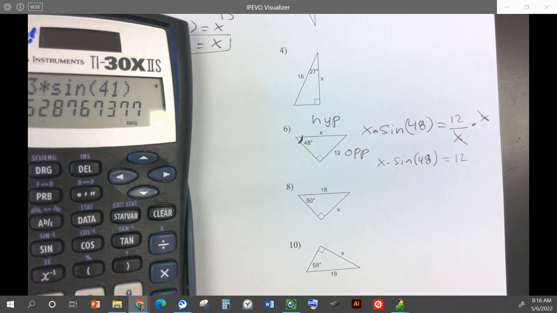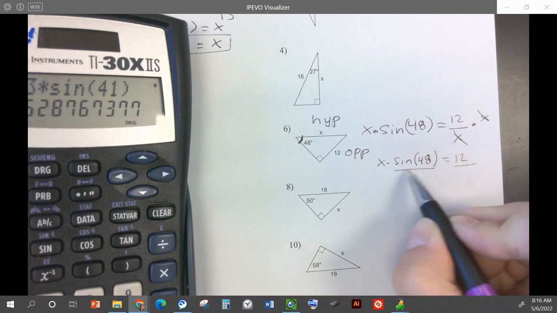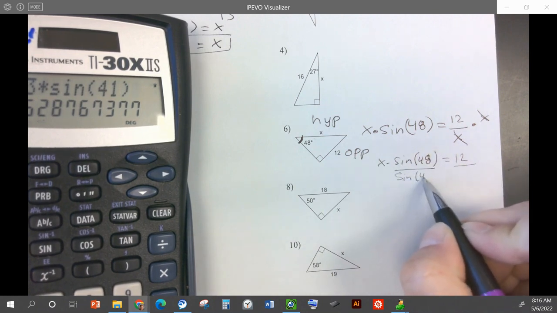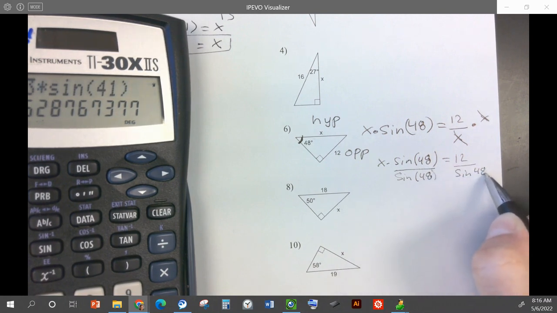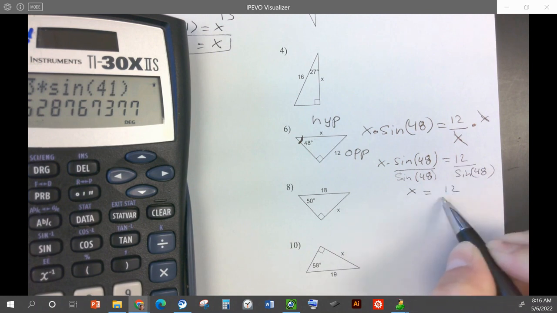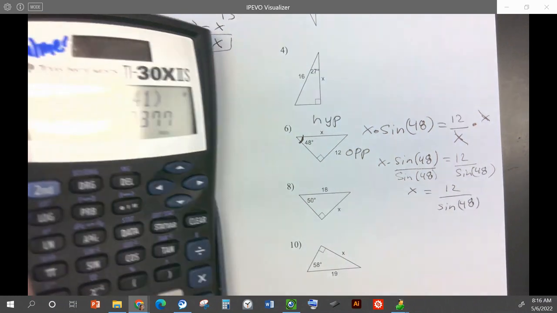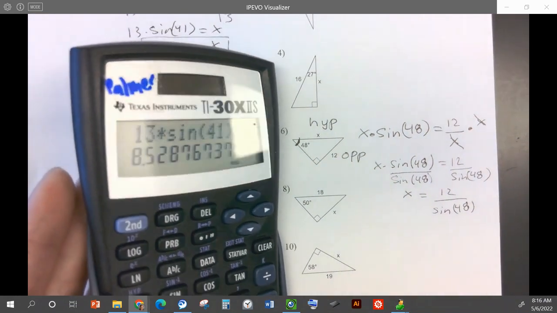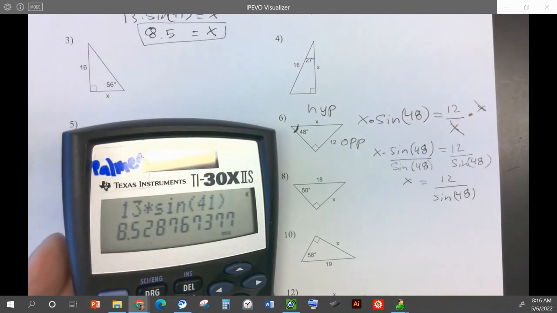Good. We're going to divide both sides by the sine of 48. So now x is 12 divided by sine of 48. Okay, so here we go.